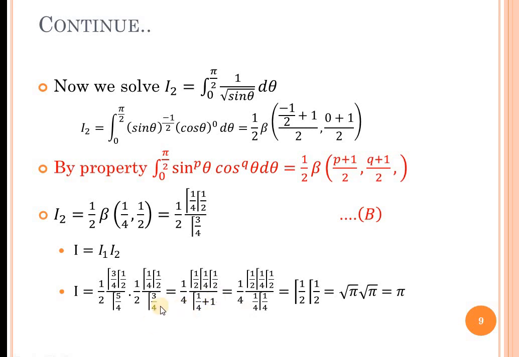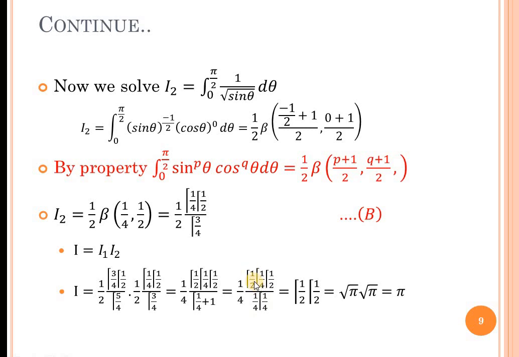Now again I write gamma 5 by 4 as gamma of 1 by 4 plus 1. We know gamma n plus 1 is n gamma n. So gamma of 1 by 4 plus 1 is 1 by 4 times gamma 1 by 4. Now this 1 by 4 will get cancelled with this 1 by 4, and gamma 1 by 4 will get cancelled.